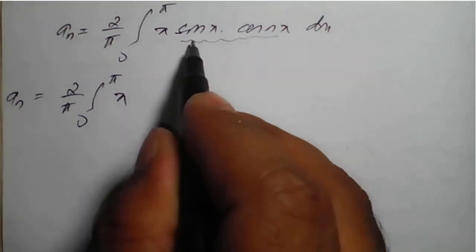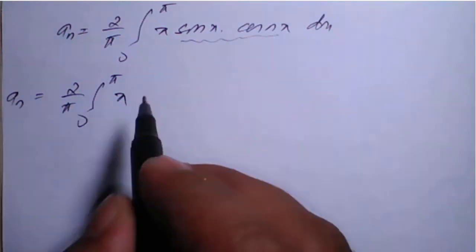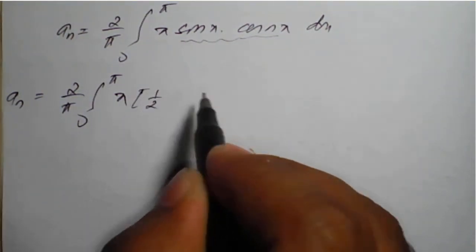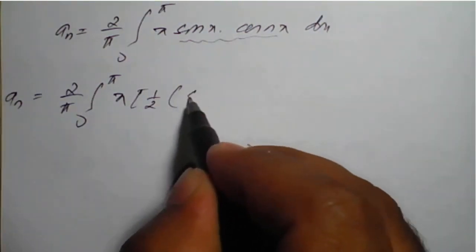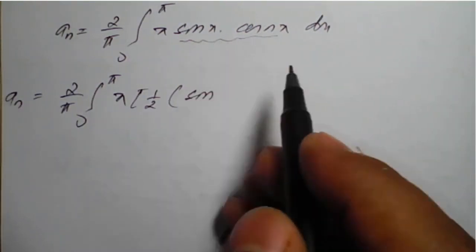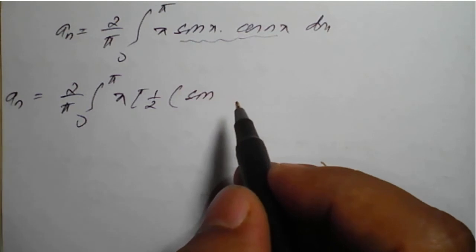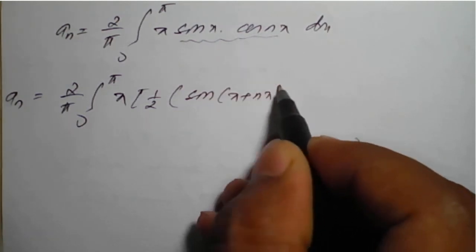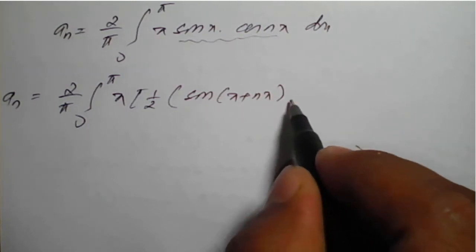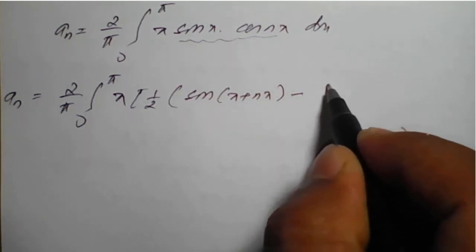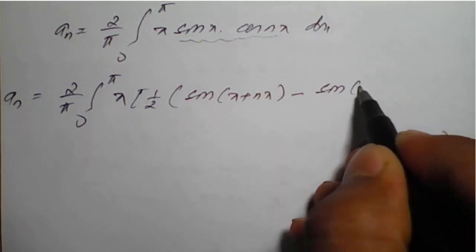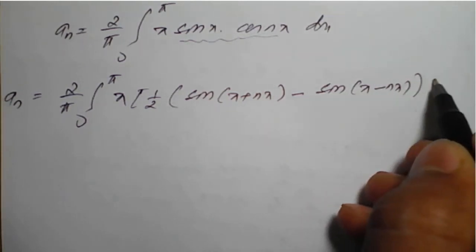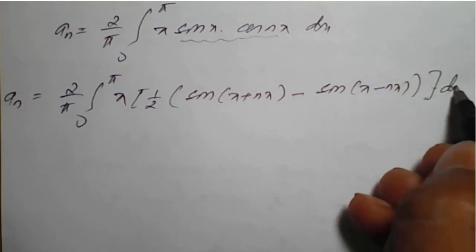So sin A cos B is 1/2 times the bracket sin(A + B), that is sin(x + nx), minus sin(A − B), that is sin(x − nx), into dx.